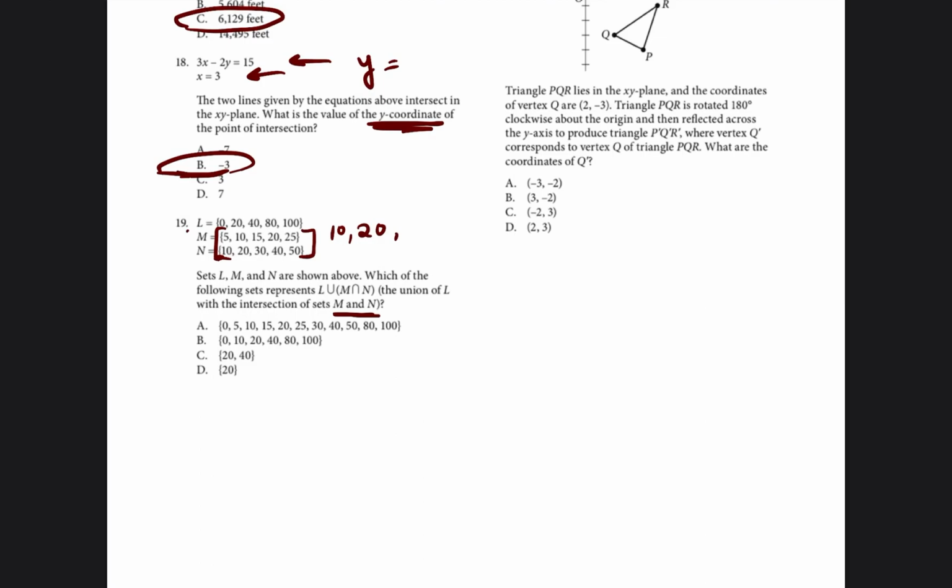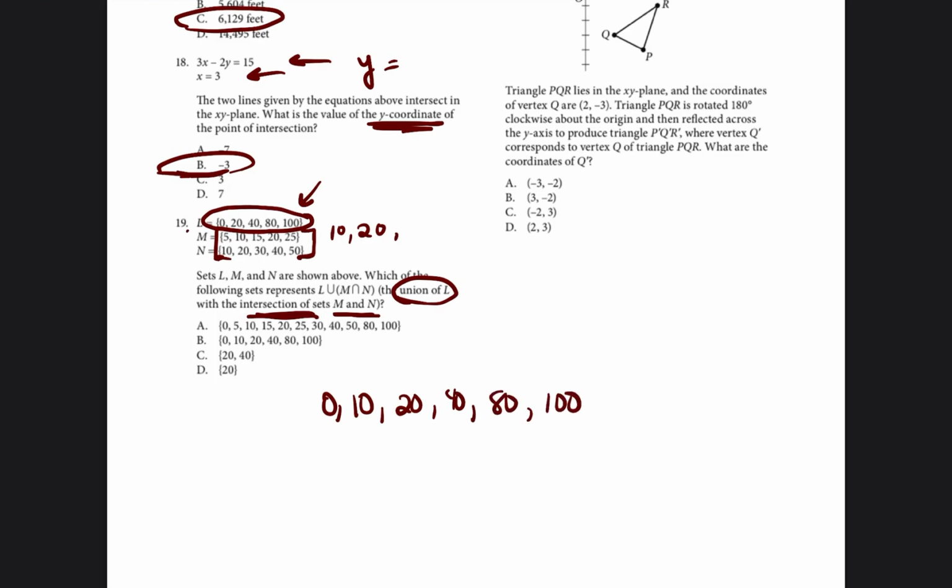But then they said that's the intersection of M and N, but then it says union of L. So intersection means you're going to choose which ones appear in both. But union means now you're just going to add all the other numbers in this one. So we have 0, 10, 20, 40, 80, and 100.